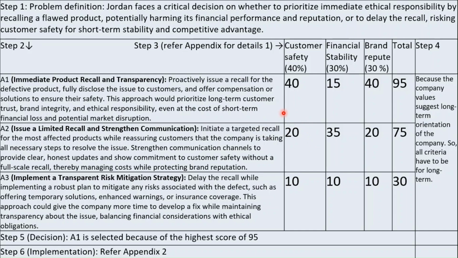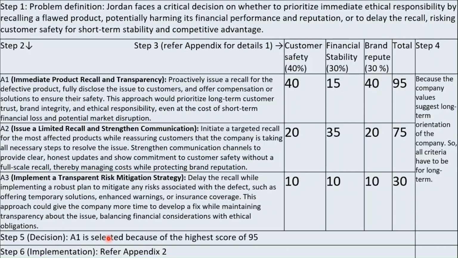So if the consequence is really worse, of course, it is more significant for you to take that step. Now, out of these three alternatives, we see that alternative one scores highest, which is 95, and that's why we have chosen to go with alternative one, which is step five. That is, we have finally decided that we'll go with alternative one.